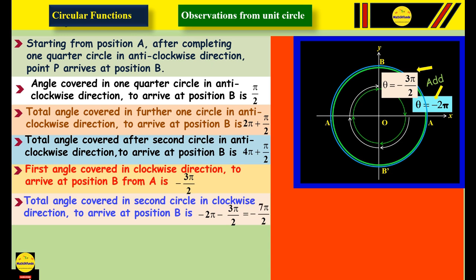So minus 2 pi minus 3 pi by 2 gives me minus 7 pi by 2 on simplification. So the corresponding angle covered is now minus 7 pi by 2. Okay. Now, if I allow point P to move further, another minus 2 pi will have to be added to this minus 7 pi by 2 and so on.